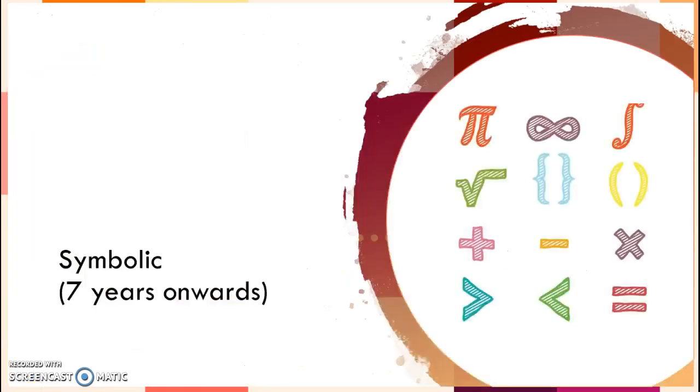The next one is symbolic, and that is 7 years onward. Oh, I don't think I said iconic is 1 to 6 years, but it was on the screen. So this develops last. This is where information is stored in the form of a code or symbol, such as language. This is the most adaptable form of representation, for actions and images have a fixed relation to that which they represent.